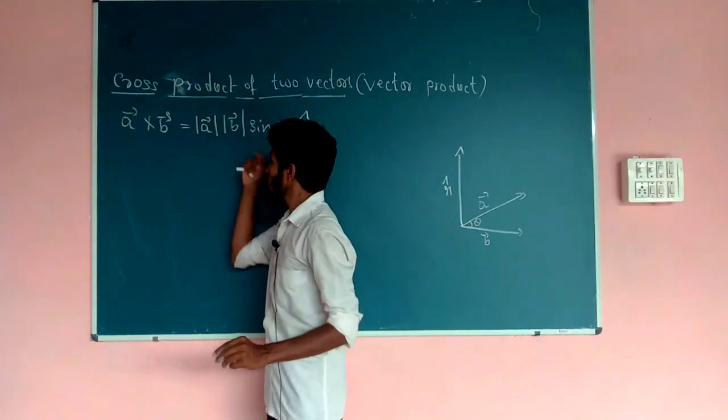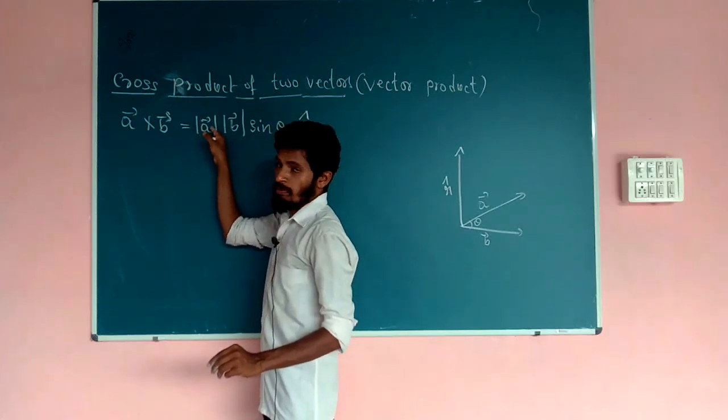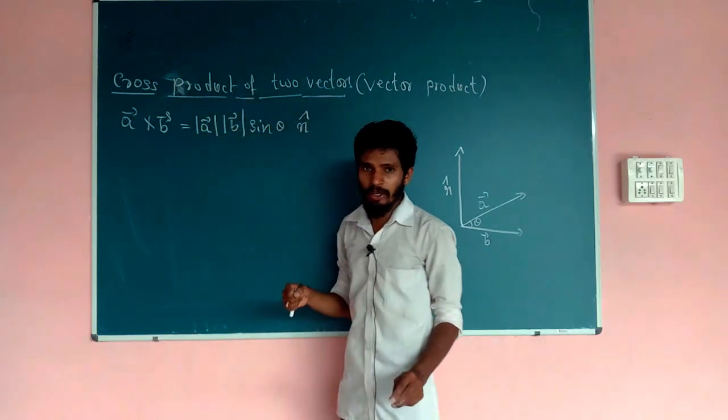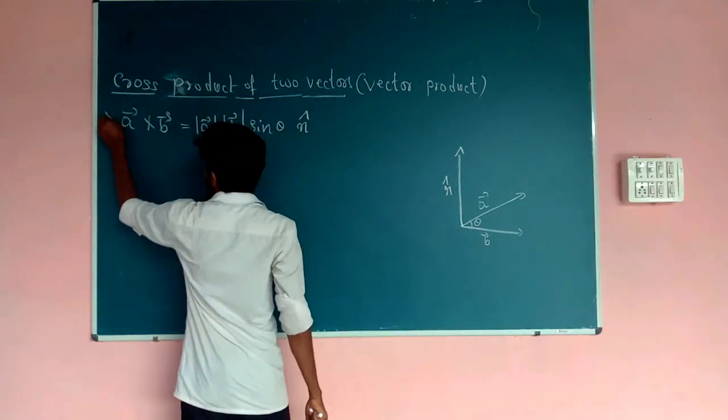We know A cross B is equal to magnitude of vector A into magnitude of vector B into sin theta into n cap. That is one formula.